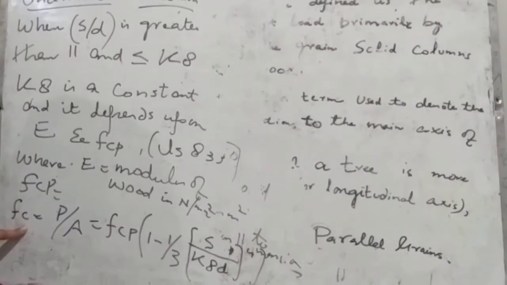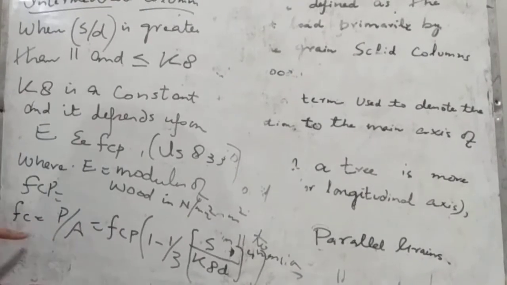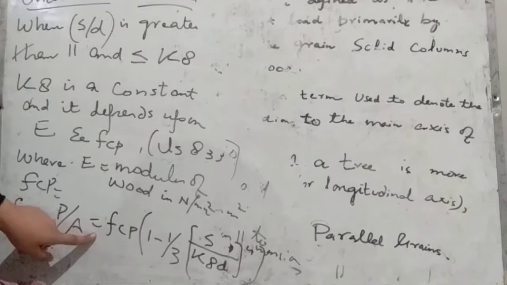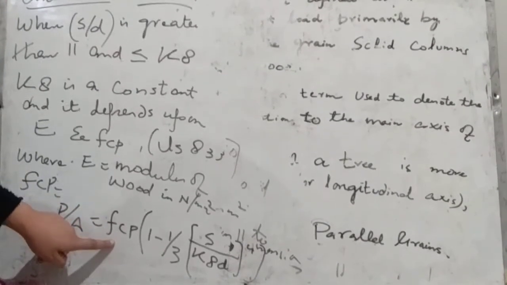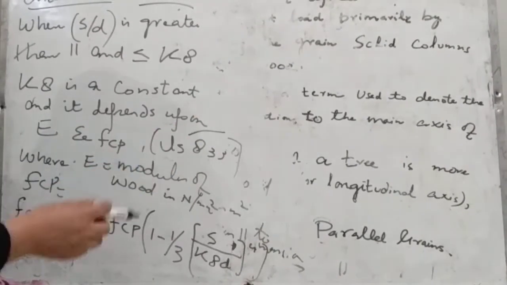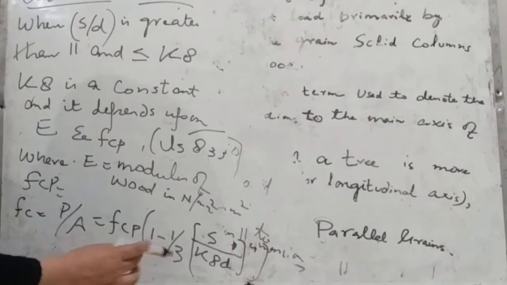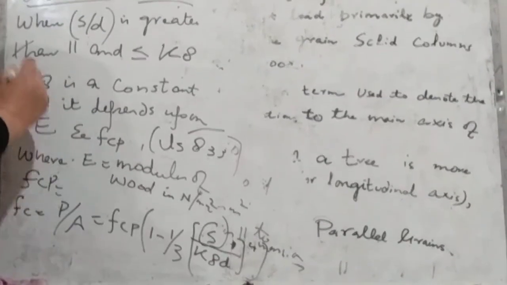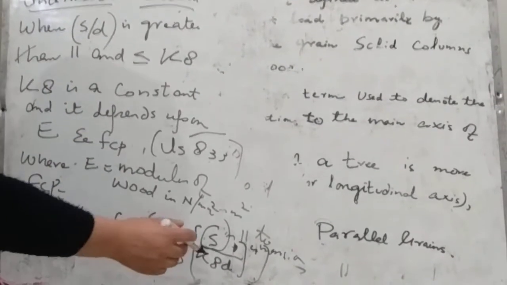FC is force per unit area equal to FCP, and you will get this FCP value from the code, that is IS 883, times 1 minus 1 by 3. This S is your unsupported length, K8 is a constant and D is the least lateral dimension.